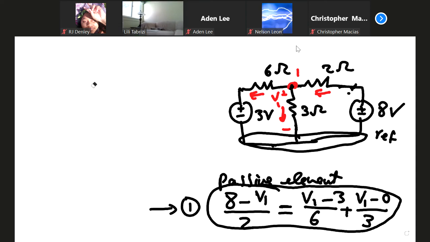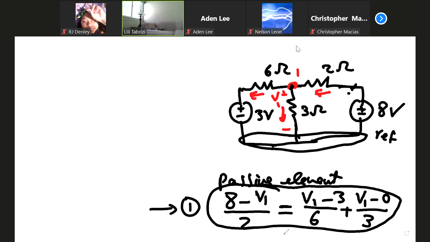I would suggest first getting the same denominator. Yes, that's very important. Nodal always gives you fractional form. Get rid of the denominator. You can use any method, but this is just the math suggestion. Take the common denominator and multiply both sides by 6.